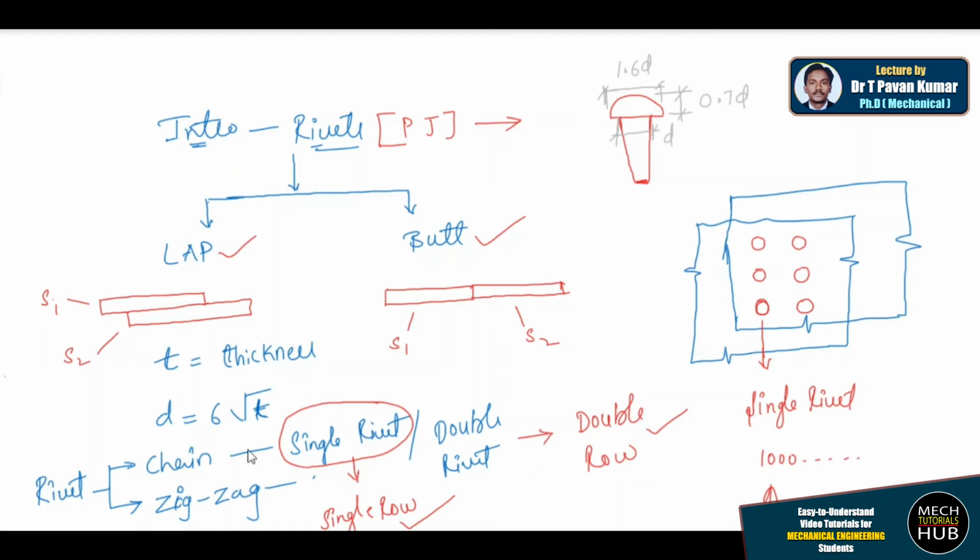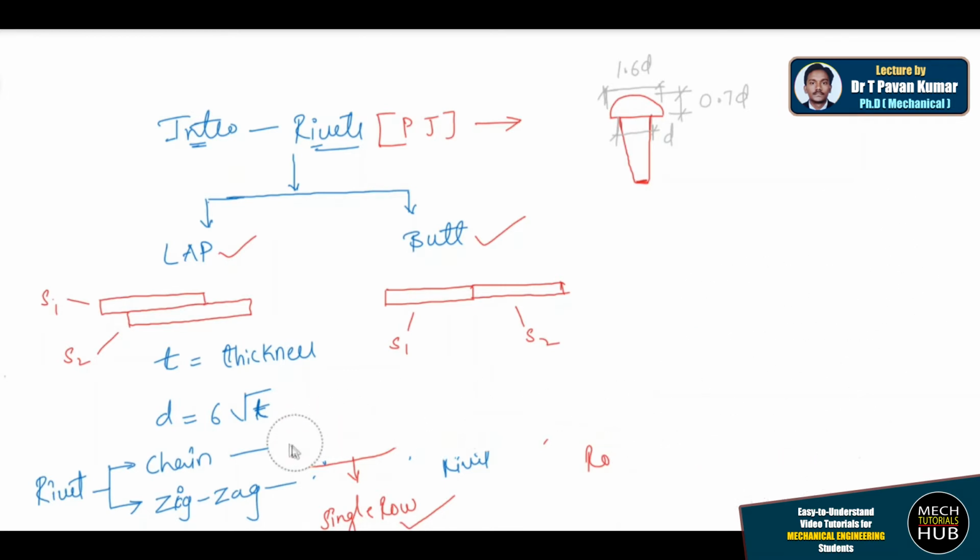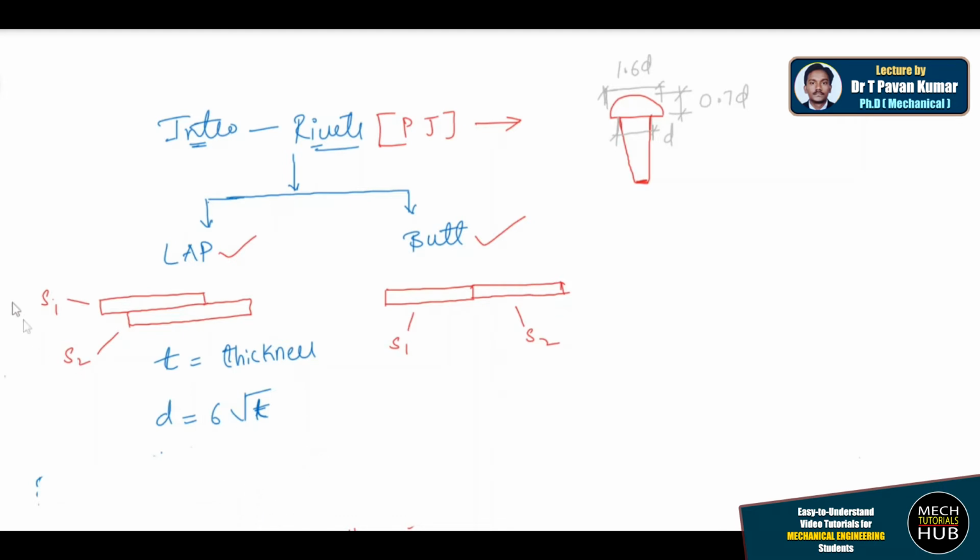Other than single and double riveted, let me give you some more clarity on what else we come across. Whenever you talk about a lap or a butt joint, there will be a pitch distance.